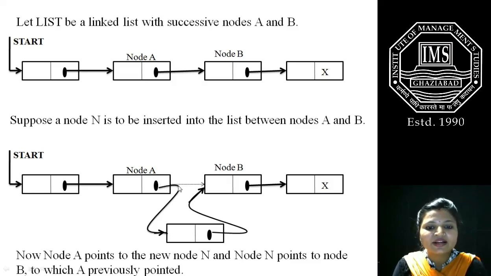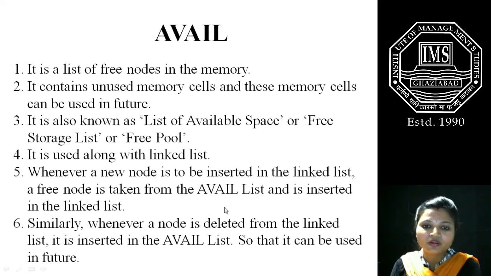Since node A contains the address of the next node B, we will allocate space to node n wherever the space is available, and now the link pointer of node A will point to the address of node n, and the link pointer of node n will point to the address of node B. So by changing the link pointers of A and node n, we have inserted node n between node A and node B. So node A points to the new node n and node n points to node B, to which A was previously pointing.